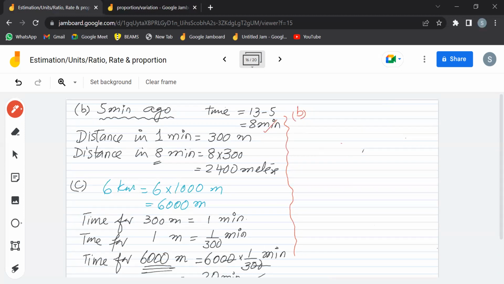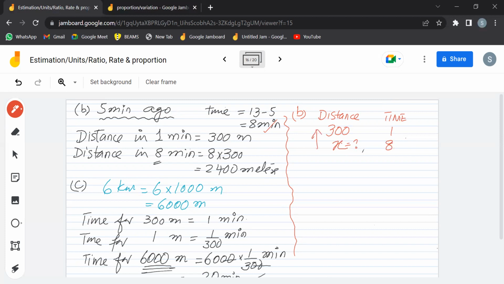Again, two categories. One is the distance in meters. The other is the time in minutes. So the distance is 300 in 1 minute, and the question is the distance, x is question mark, and the time is 8 minutes.